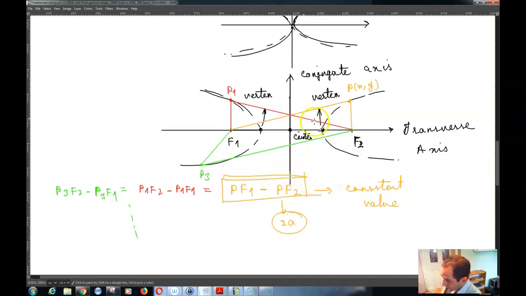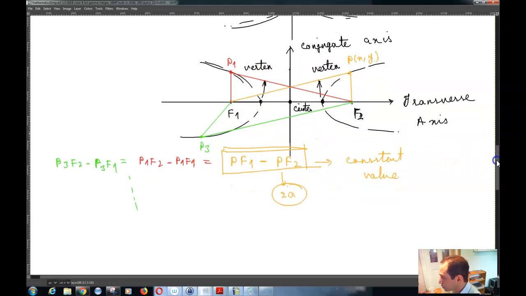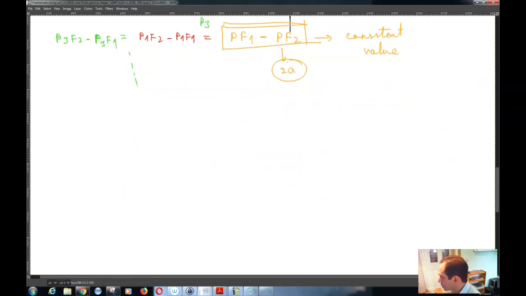So that is actually the definition of a hyperbola.